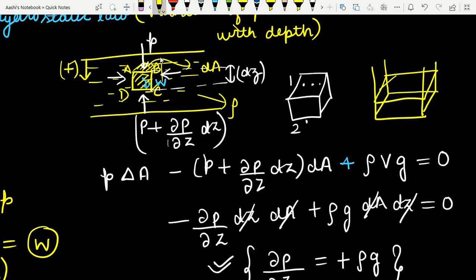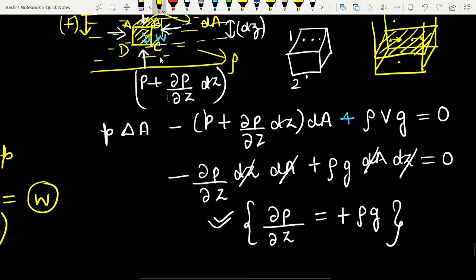On this plane, pressure at all points will be same. At a particular point, pressure is same in all the directions. So at this point also, pressure will be same in the horizontal direction. Vertically, or with depth, if this plane moves, then there will be pressure variation. And how much? It is rho g.